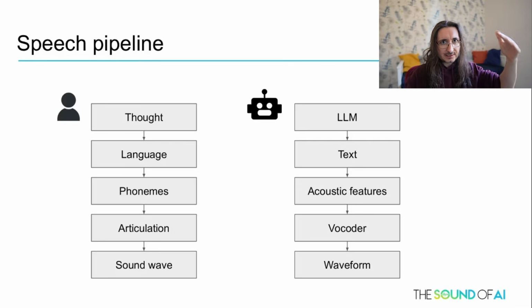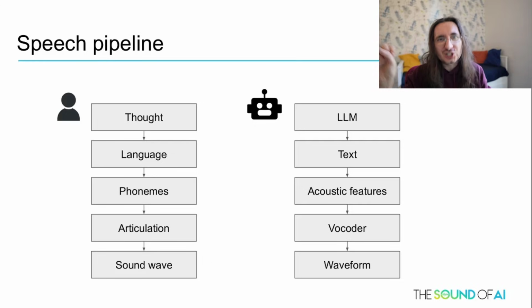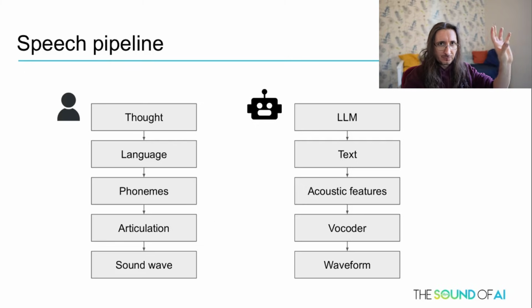Then that text has to be transformed into some acoustic features, like for example a spectrogram, right? And then once we have those acoustic features, we can use what we call a vocoder. That's basically a machine that takes acoustic features and spits out an actual waveform that we can then listen to. It does that translation. So these are the two speech pipelines, one for humans and the other for machines.